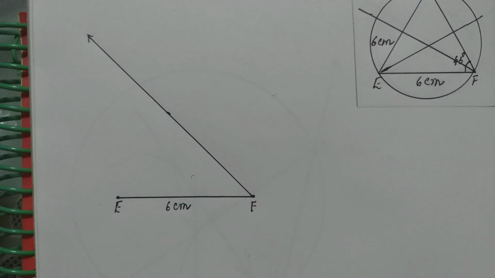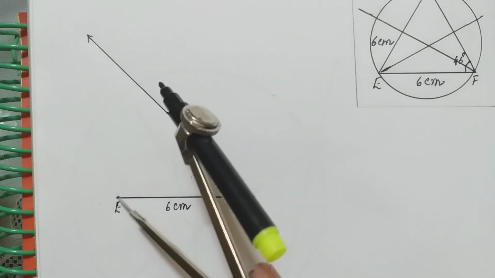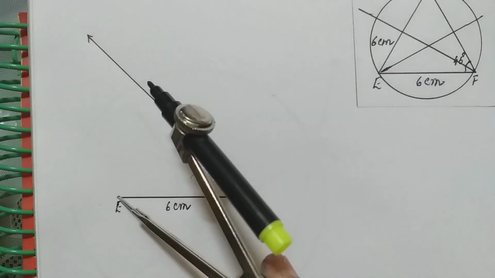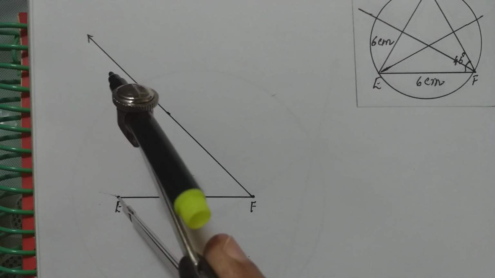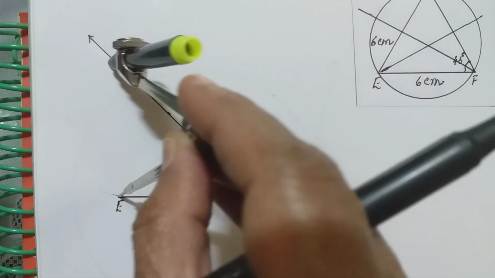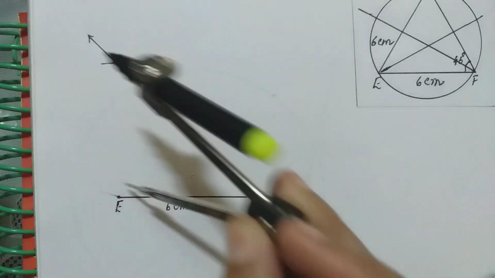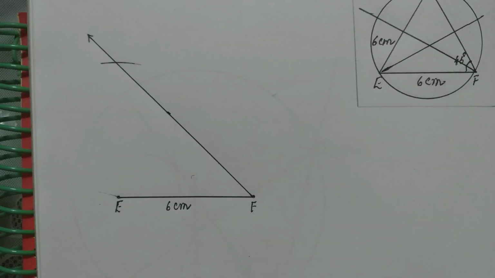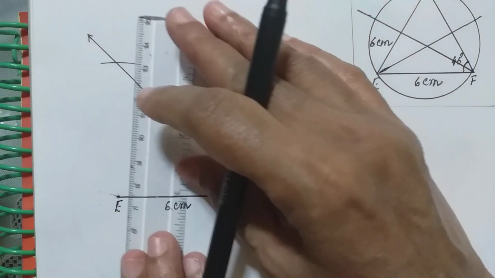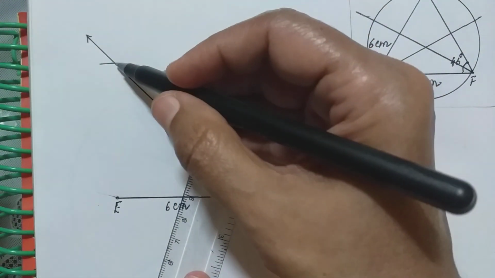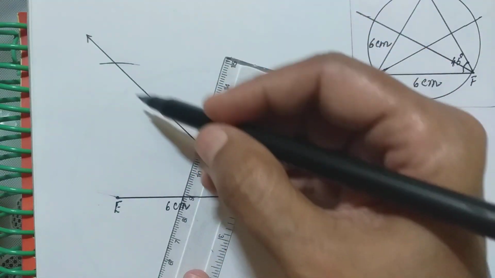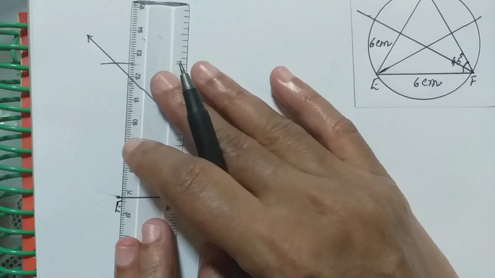So at E, I will keep the point of the rounder and cut an arc on this ray. So this is 6 centimeter. So now we join this point E or vertex E with the point of intersection of the ray and the arc which we have drawn.